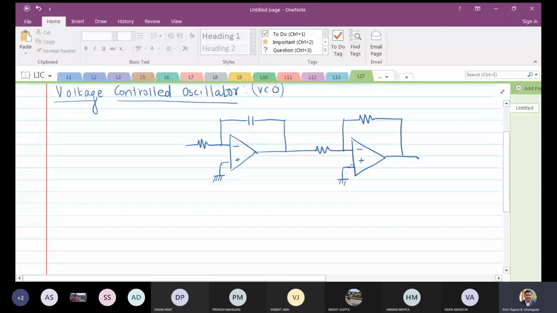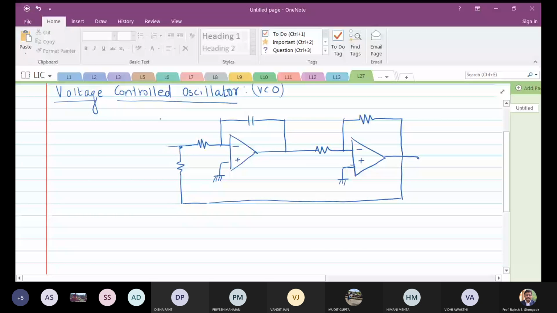Now this is where it starts getting a little bit different. This is simply the voltage which is going to be used for controlling.